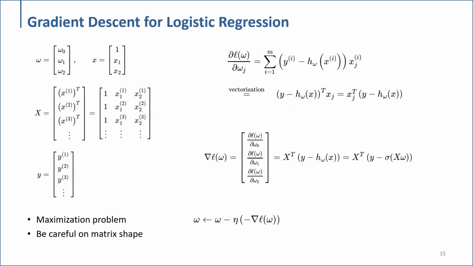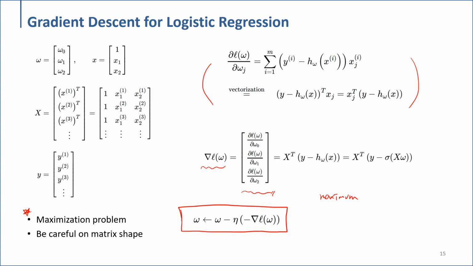And the same as other gradient descent optimization, as we calculated the partial derivative of the loss function, based on that we can calculate the gradient matrix, and based on that we can construct the update rule for gradient descent for logistic regression. Here, please be careful that our objective is finding the maximum of the multiplication of sigmoid of omega transpose x.